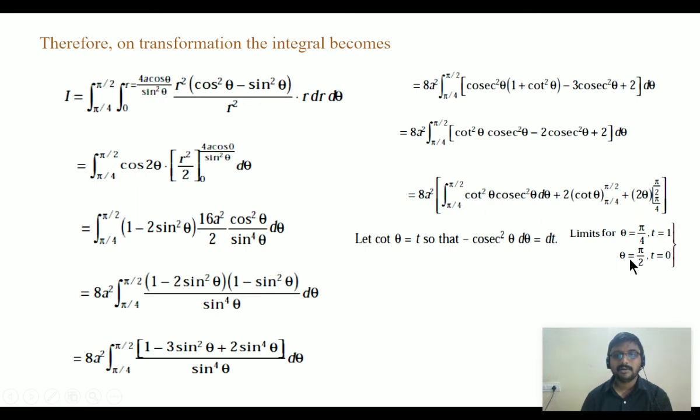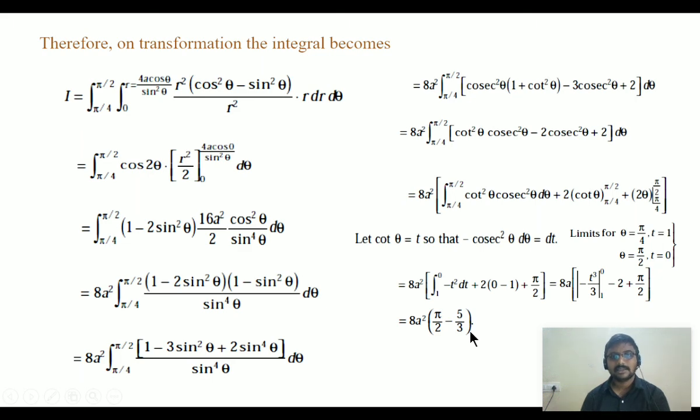When theta is pi by 2, cot pi by 2 is 0. So for the first integral, t varies from 1 to 0. Substituting the upper limit 0 and the lower limit 1 and simplifying, the integral of t square is t cube by 3. On simplification we get 8a square into pi by 2 minus pi by 3 as the result.